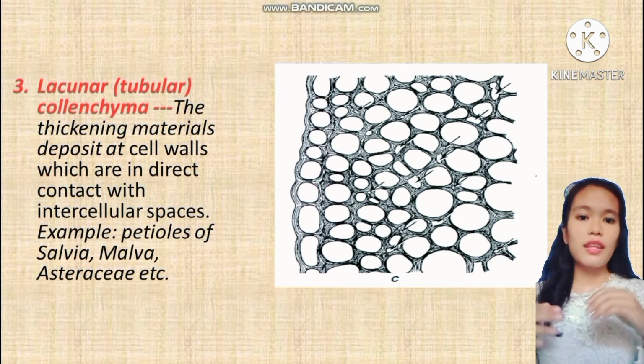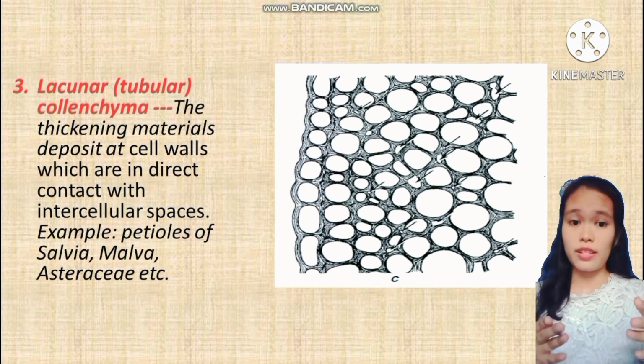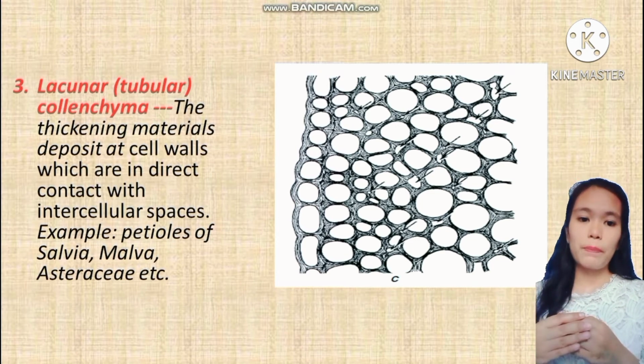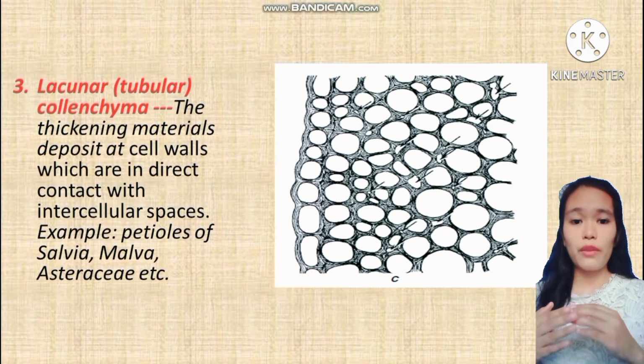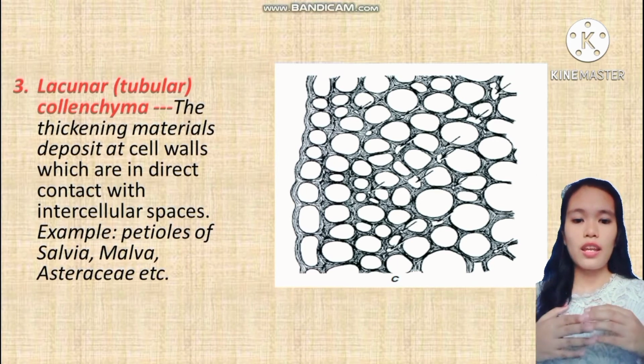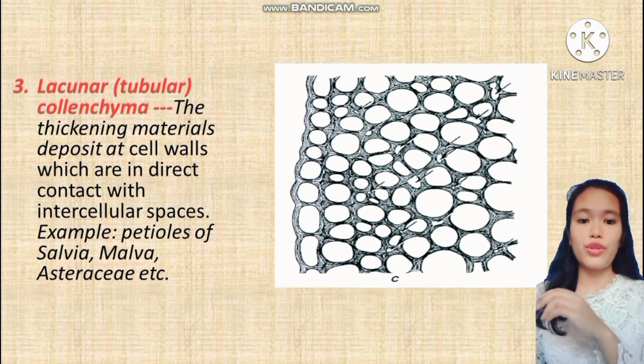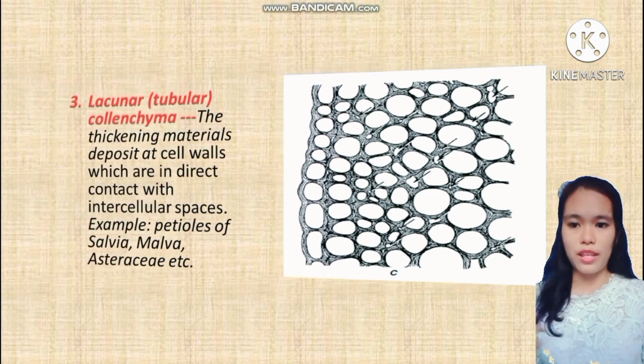The thickening materials deposit at cell walls which are in direct contact with intercellular spaces. Example, petioles of Salvia, Malva, Asteraceae, etc. From the figure, the arrow shows intercellular space.